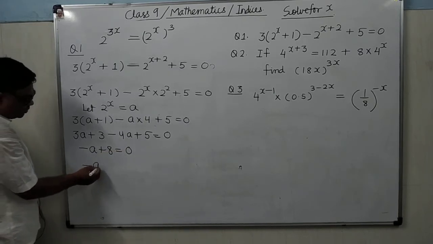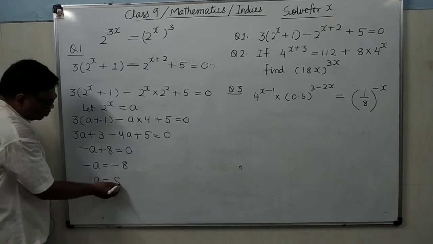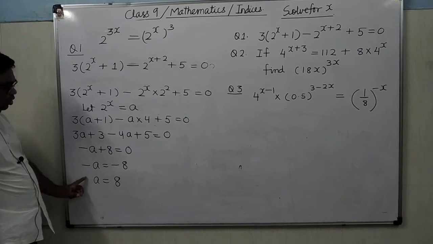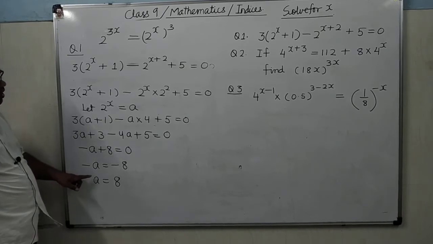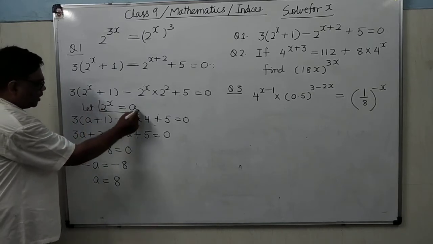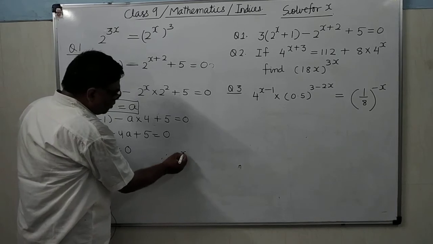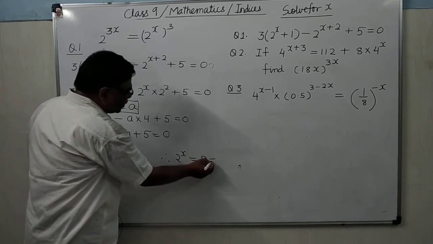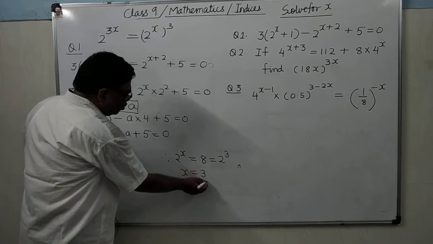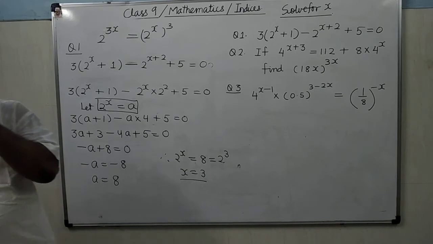So minus a equals minus 8, so a equals 8. It's clear? a equals 8. So here a can be written as what? a is what you have taken, 2 to the power x. Therefore 2 to the power x equals 8, which can be written as 2 to the power 3. So x will be equal to 3. It's clear?